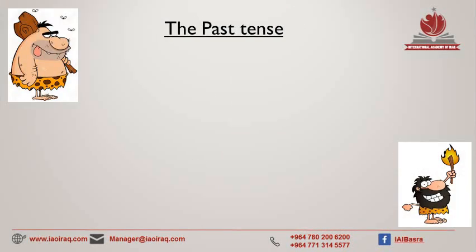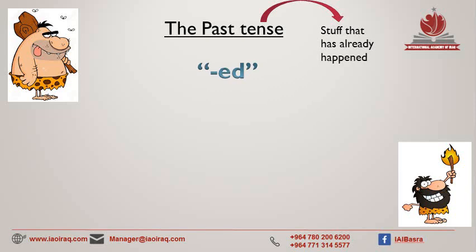Right, so moving on, let's talk about the past tense. As you can see, there are some cavemen. So the past tense refers to stuff that has already happened, right? There are many ways to form the past tense, but for now, I just want to focus on the basic version, which is just adding ed.